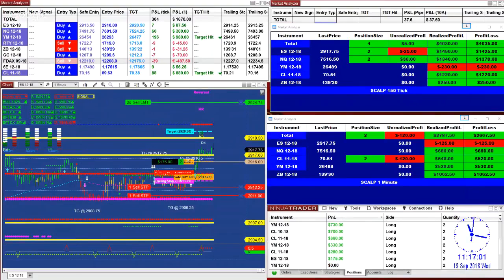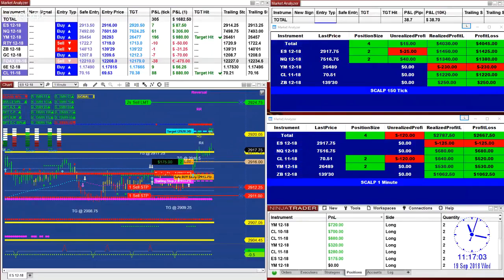1557 ticks into the last signal on the NASDAQ, and 7 ticks on the ES.